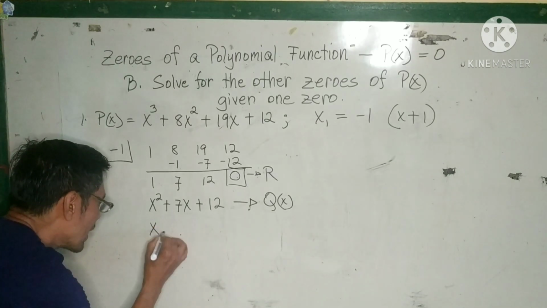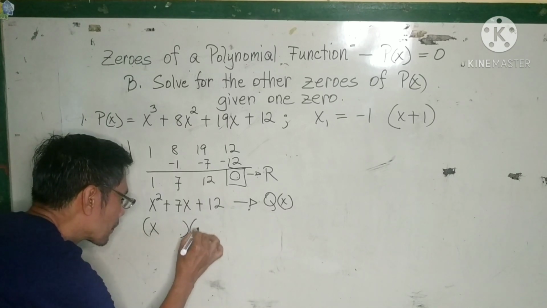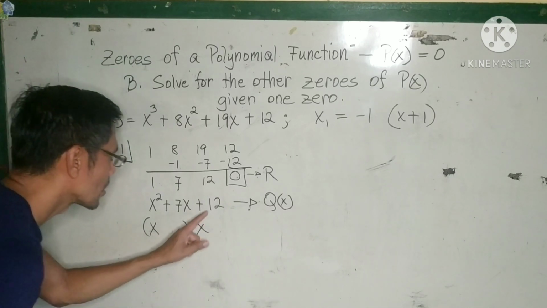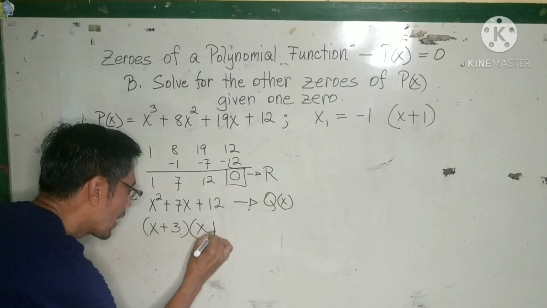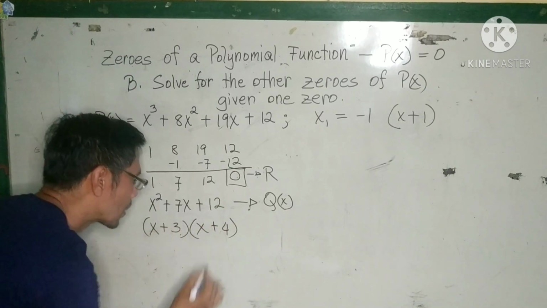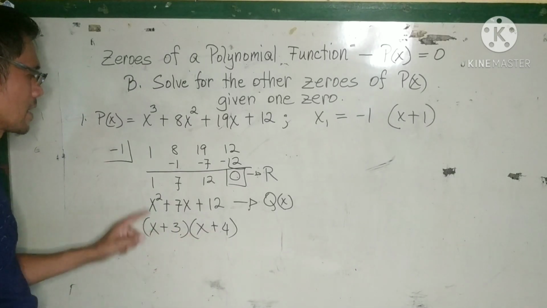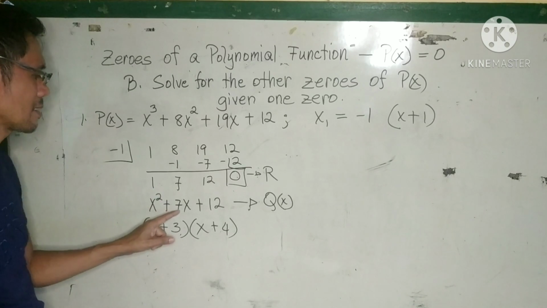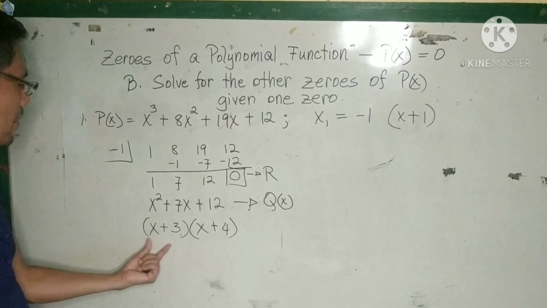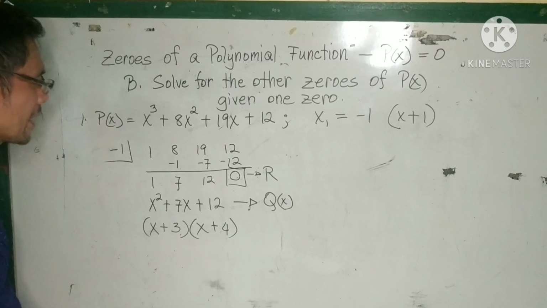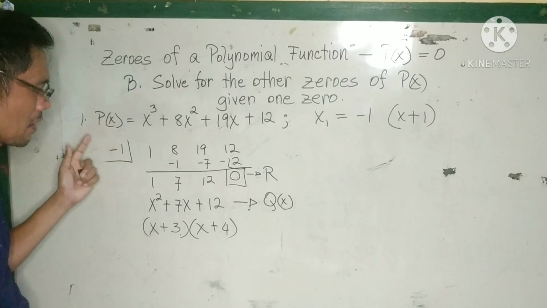So we have x. So 12, that is 3 times 4, and plus 3 and plus 4. So x plus 3 times x plus 4 are now the factors of x squared plus 7x plus 12. Then from these factors, we can now solve the other zeros of the given p of x.